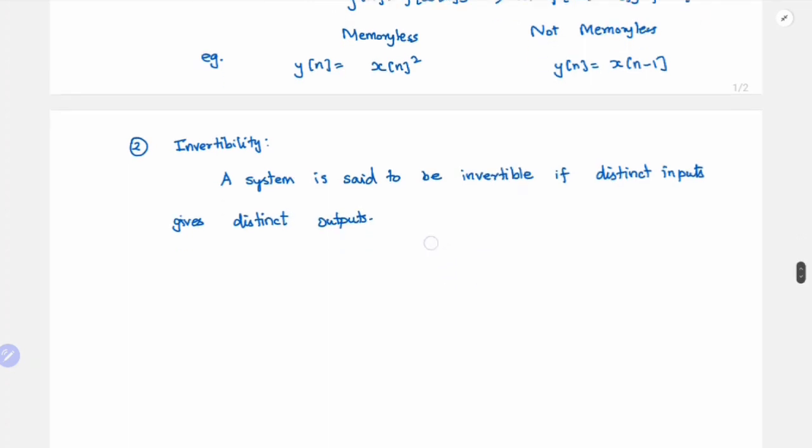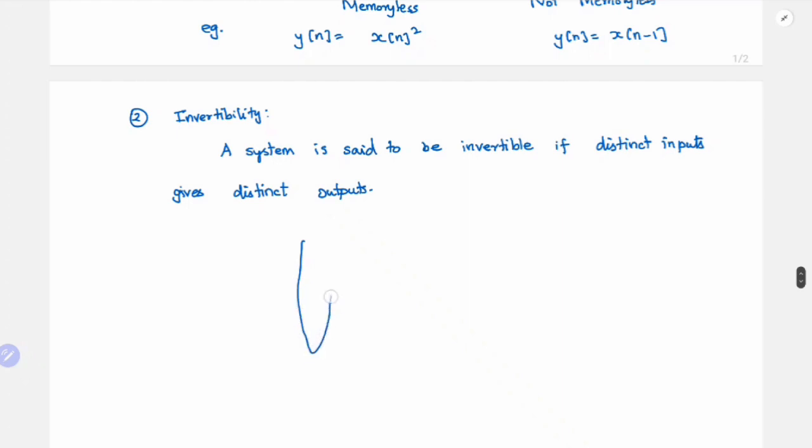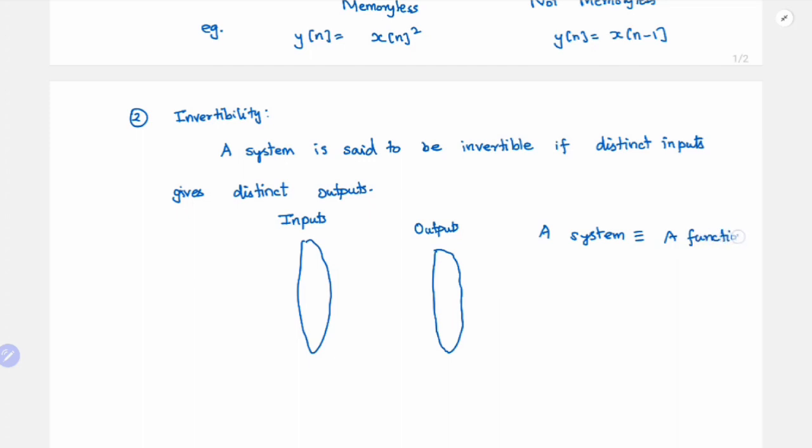So why is this necessary? Because we want to map it, right? So you have all the inputs here and you have all the outputs. And we know that a system is similar to a function between inputs and outputs. So you have some kind of mapping from here to here, right?